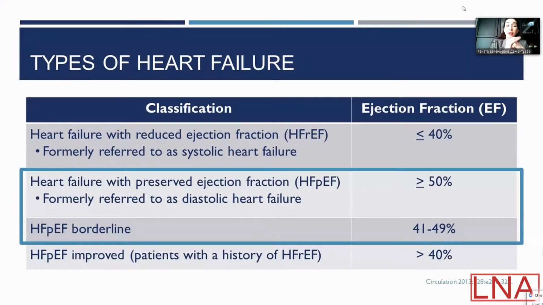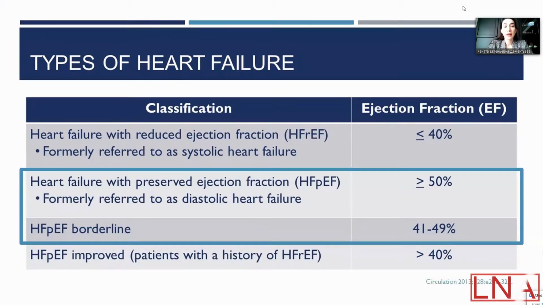First, heart failure with reduced ejection fraction, formerly referred to as systolic heart failure, with decreased contractility of the left ventricle. In this case, ejection fraction should be less than 40% of the normal volume.